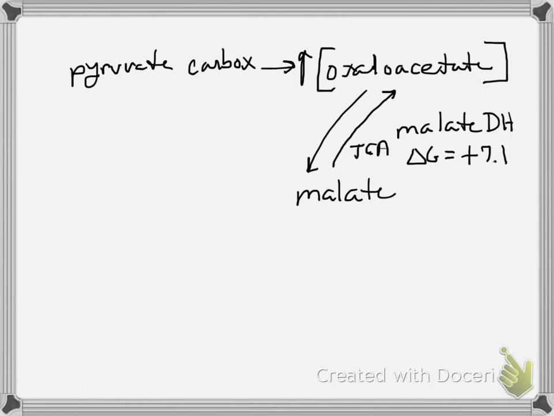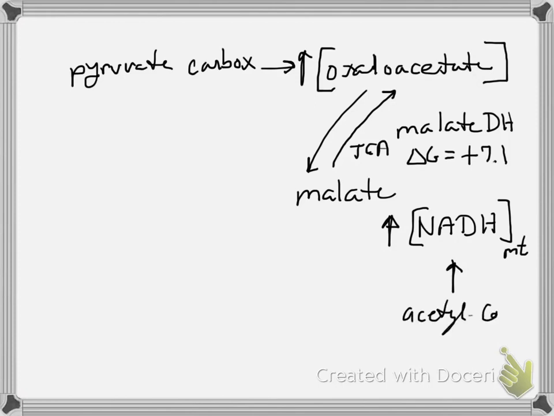The malate is going to be disappearing because this malate is going to be used for gluconeogenesis purposes. Also recall that the NADH concentration in the mitochondria is extremely high because we have acetyl-CoA at very high levels, which is coming from beta oxidation of fatty acids.